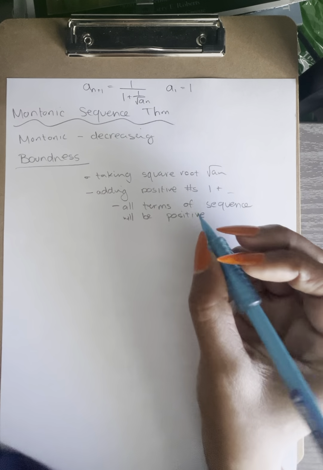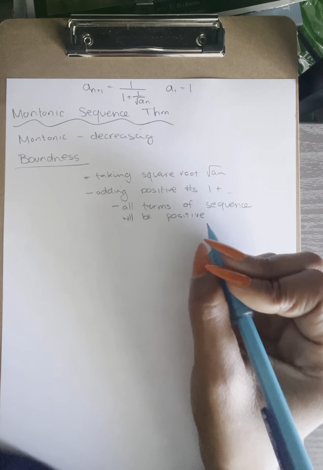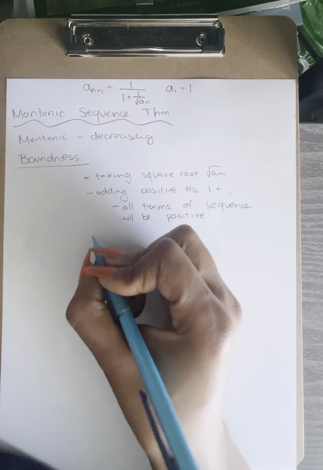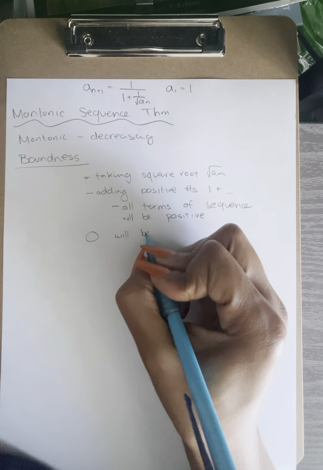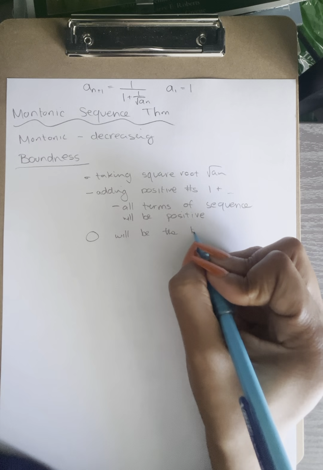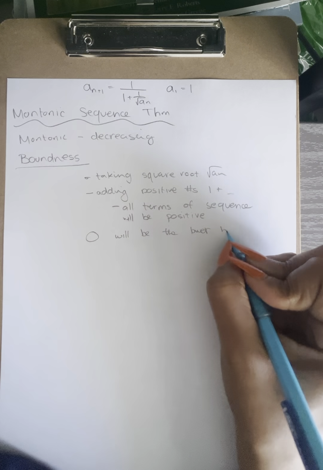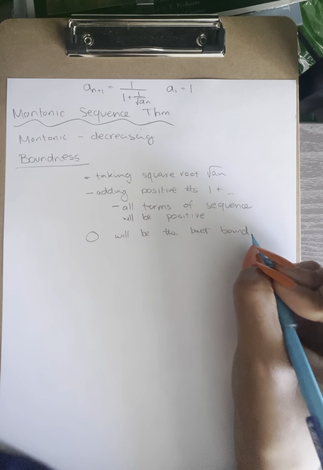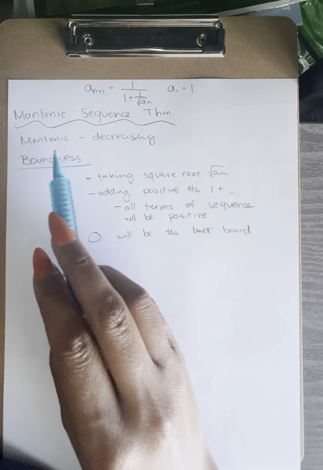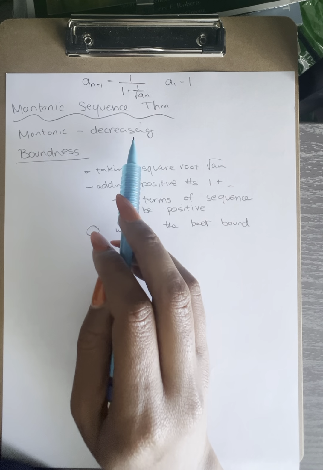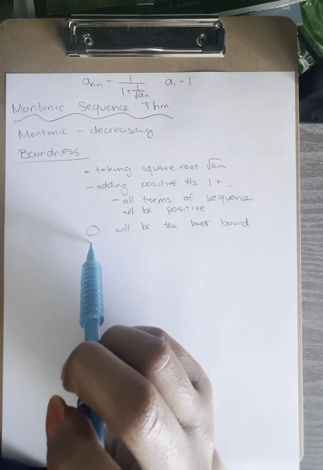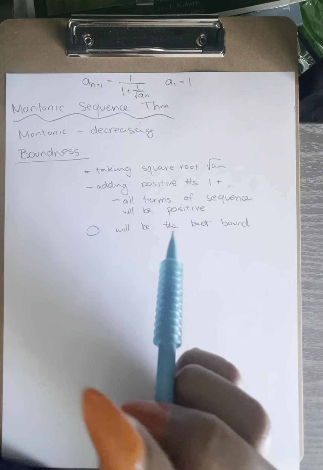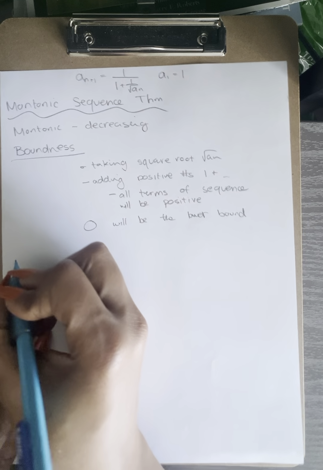So because all my numbers are positive, 0 has to be my lower bound. Okay, so it's monotonic, it's decreasing, it has a lower bound of 0, so therefore it should have some limit that I can find.